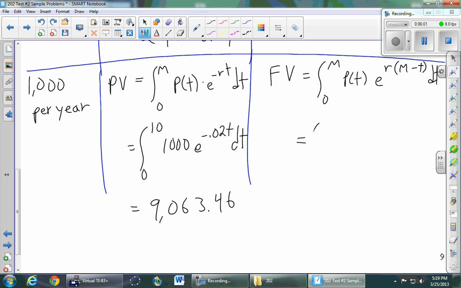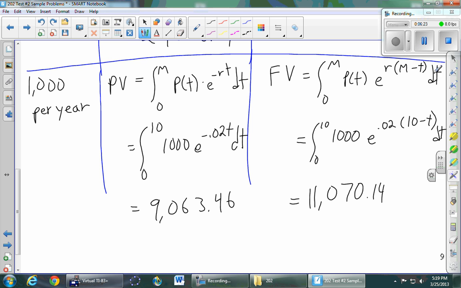So we'll just plug in 0 to 10. Again, the income stream is still 1,000 constant, but it could have t's in it. E to the 0.02 times 10 minus t. M is 10. Again, it would be good practice to try to find an antiderivative without any technology. I'm just going to write the answer I got from my calculator.